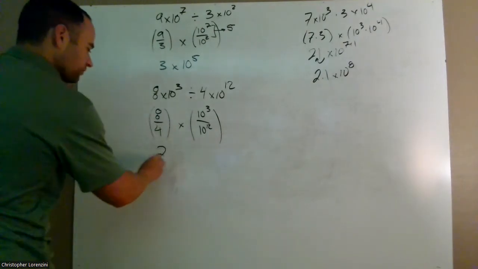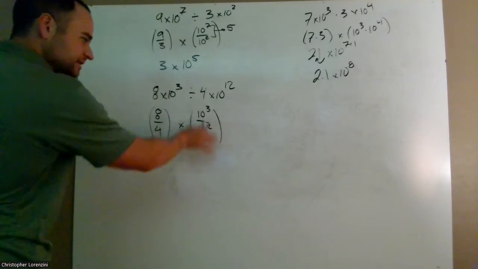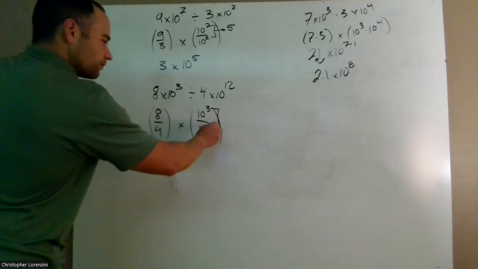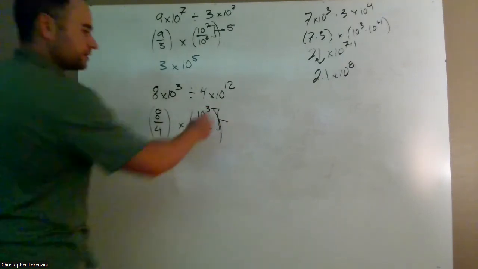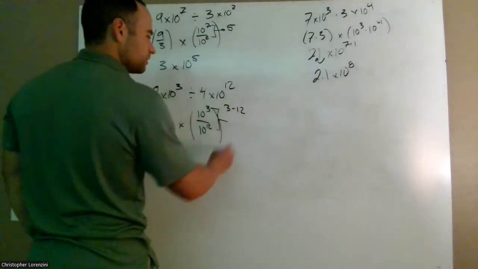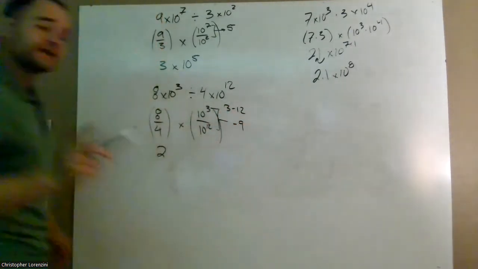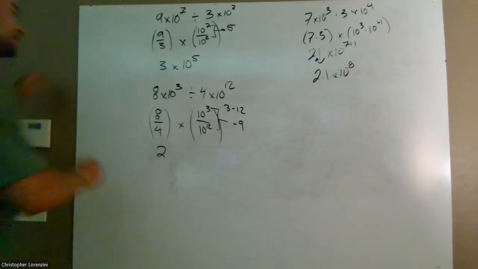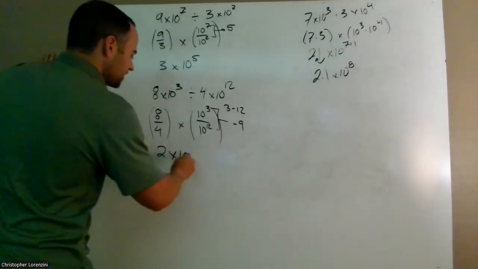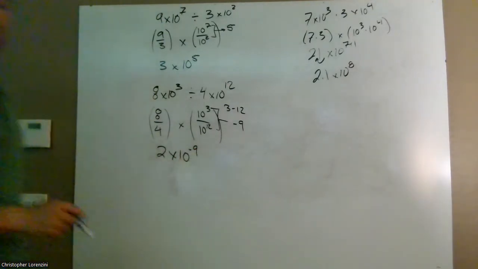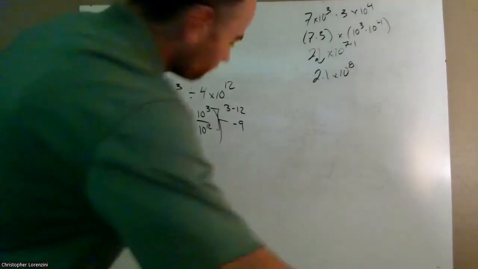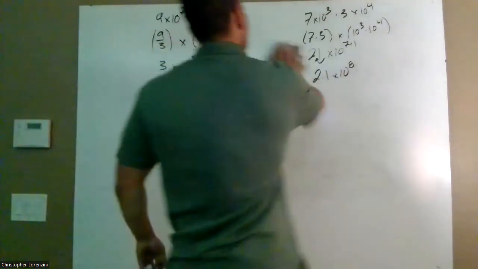8 divided by 4 is 2. 10 to the 3rd over 10 to the 12th. That's 3 minus 12, which is negative 9. So the exponent I'm going to see on that 10 will be negative 9. 2 times 10 to the negative 9 power. So that's how we go about dealing with that.